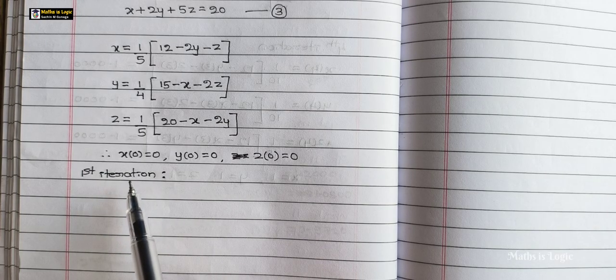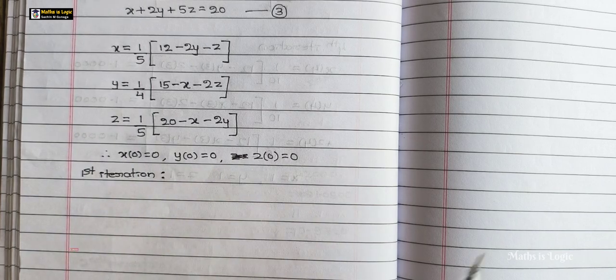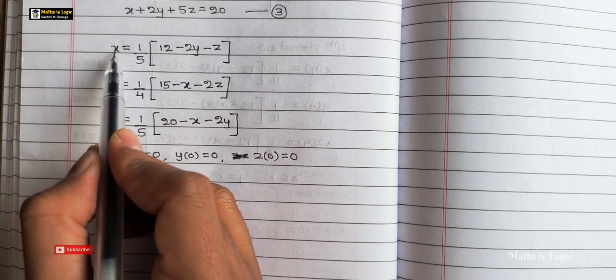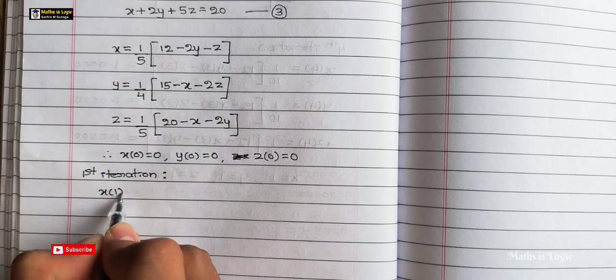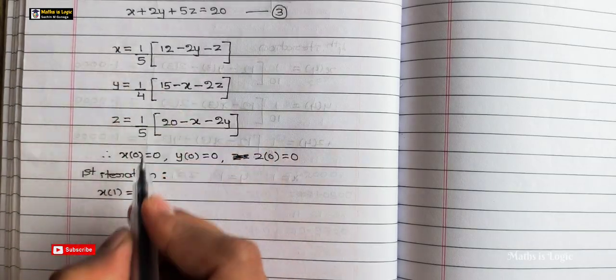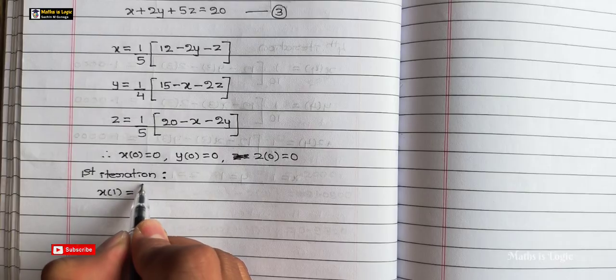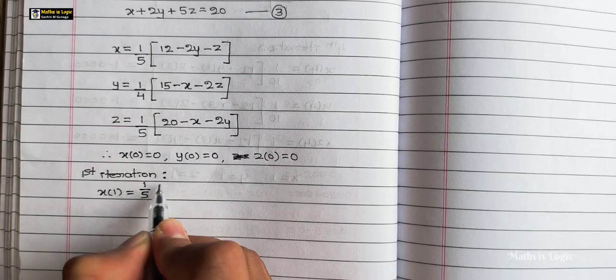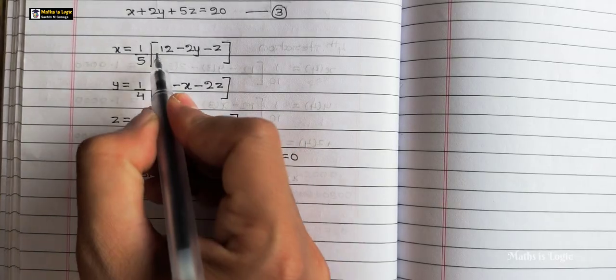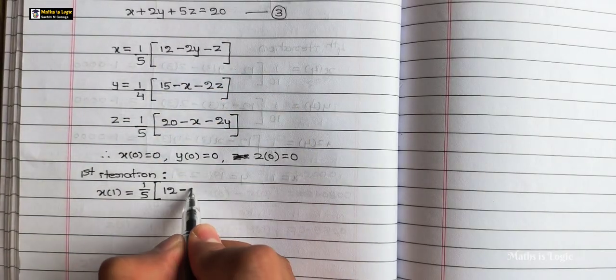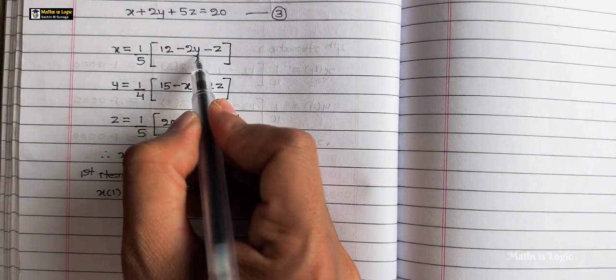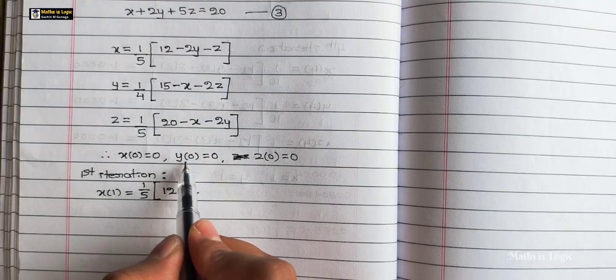values by using the previously considered values of x, y, z. So see how I will write. Instead of writing x, right here x of 1 is equal to 1 divided by 5 as it is, into bracket 12 minus 2, again don't write y, we need to write a previously considered value.